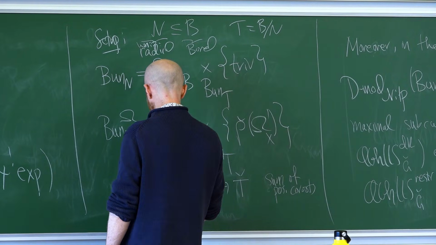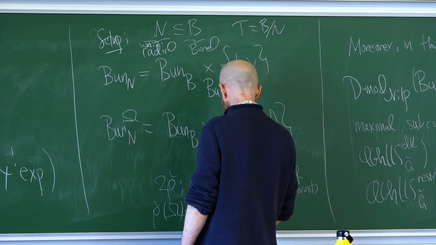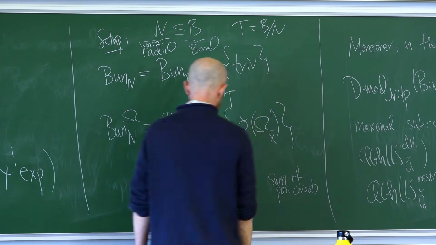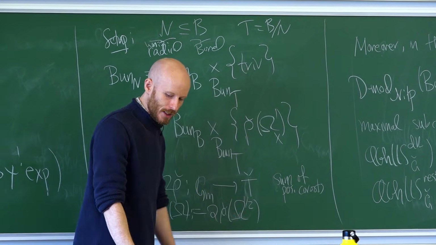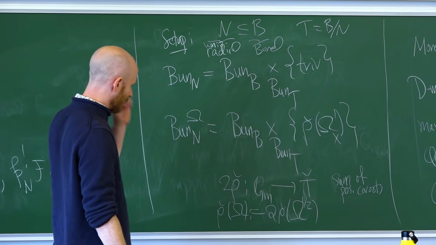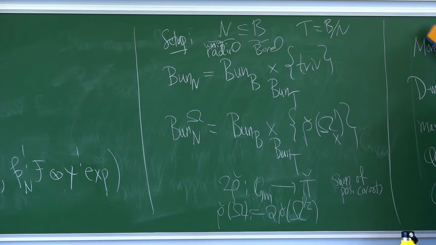And then rho check of omega, by definition, means 2 rho check of the square root of omega, where one of the secrets is that because omega has even degree, I'm allowed to choose the square root of it, and I secretly chose one before the discussion started.